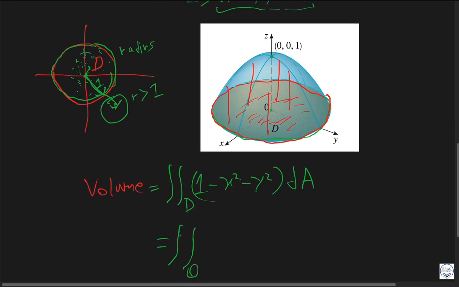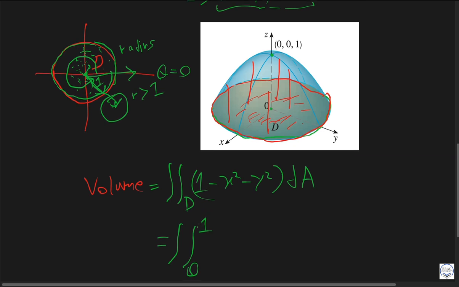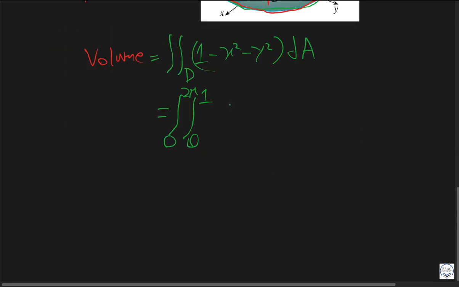So we start from 0, indicating the origin, and as we move on to cover all the points, the maximum r value we can have is 1. Now we have to circulate starting from theta equals 0, and we go all the way to twice pi, 0 to 2 pi, of 1 minus x squared plus y squared, times the dA, which is r dr d theta.